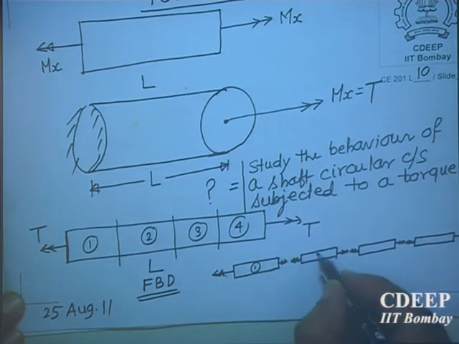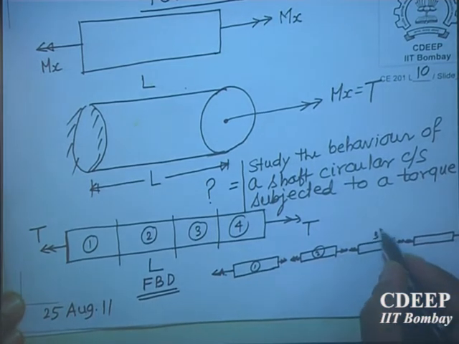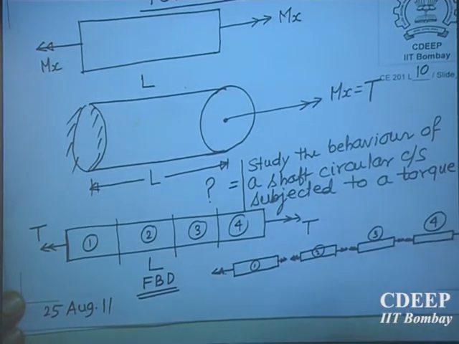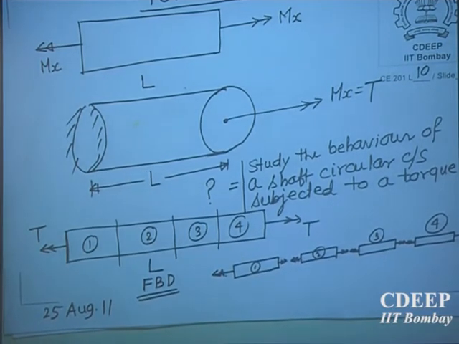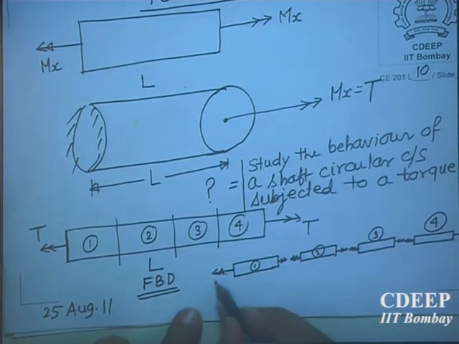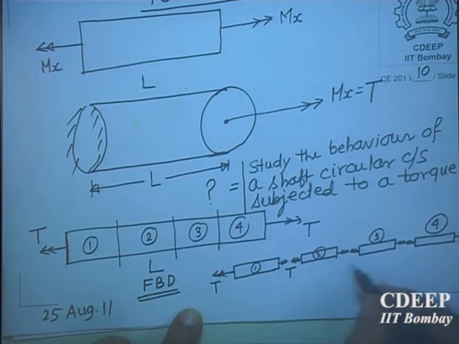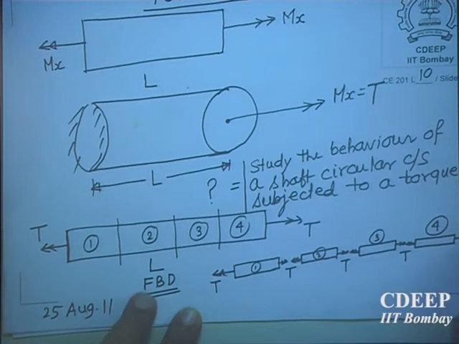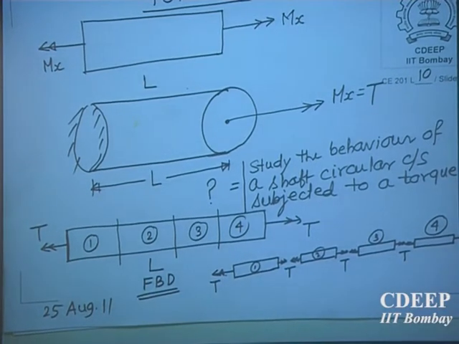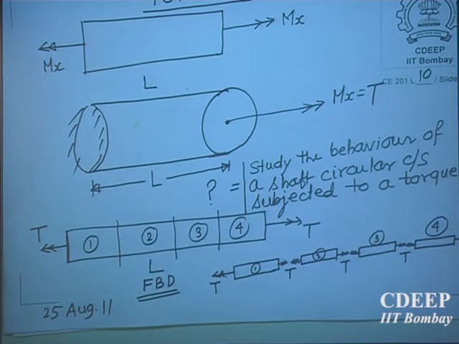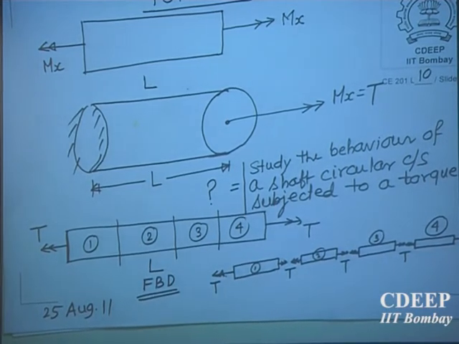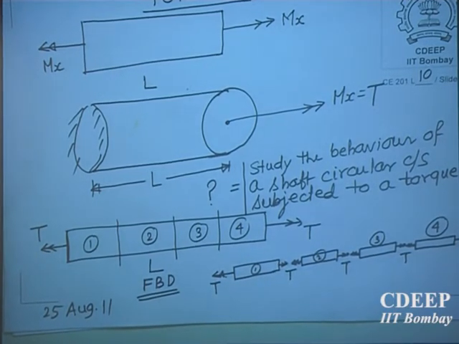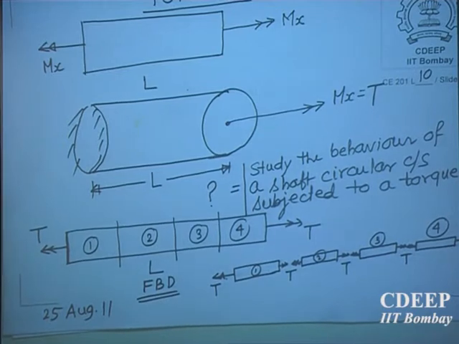This is 1, this is 2, this is 3, and this is 4. Every element is subjected to the same torque T. It cannot be different, because equilibrium requires that the sum of forces and the sum of moments must be 0.